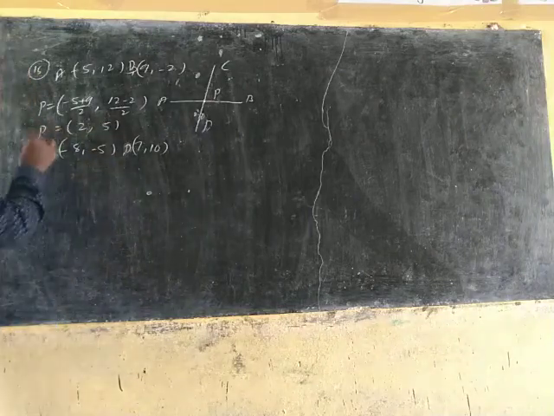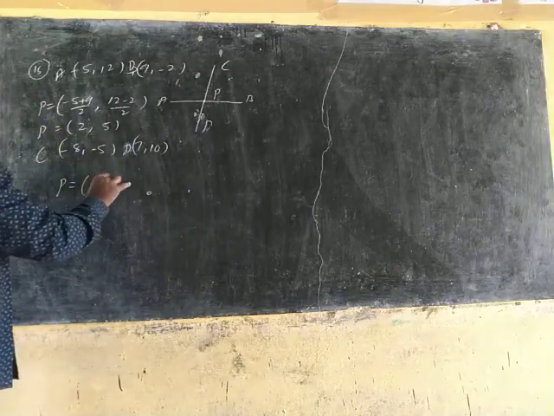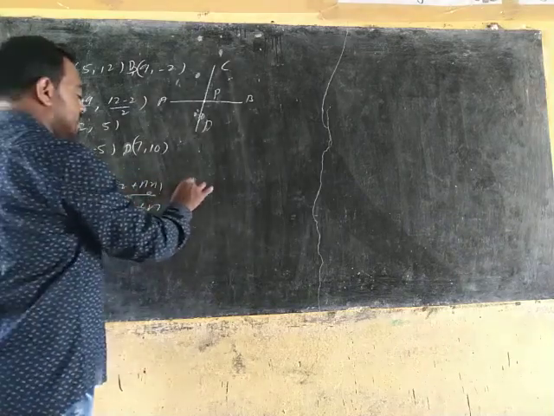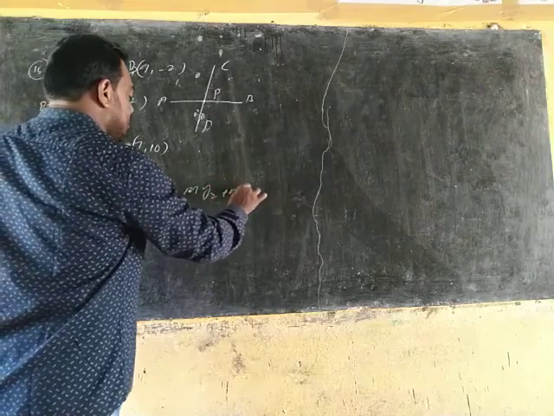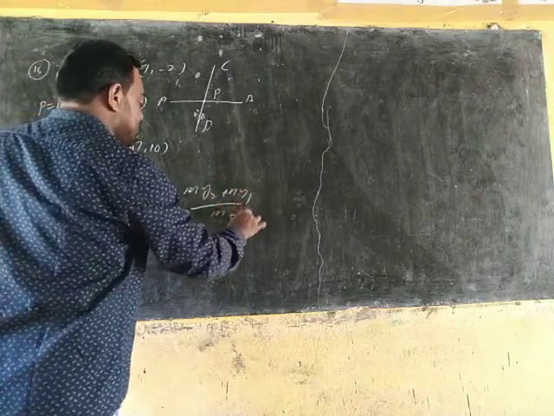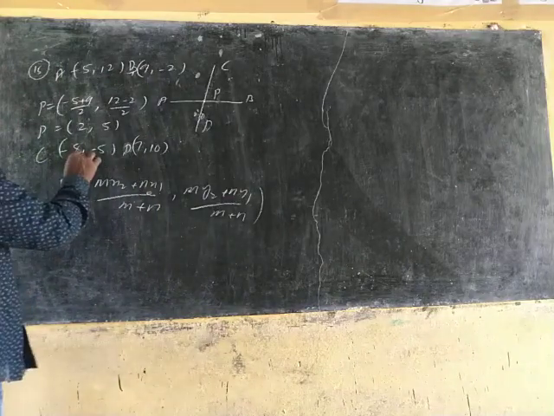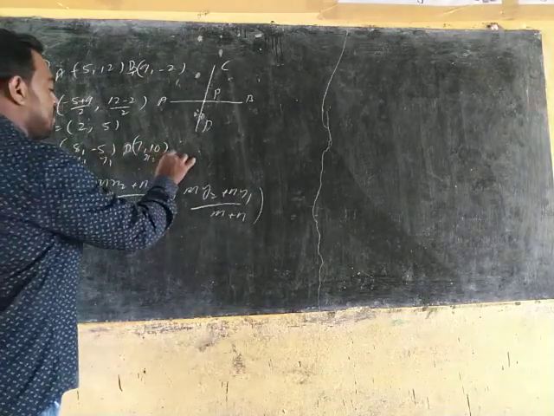Now P is equal to the formula (mx2 plus nx1) by (m plus n) comma (my2 plus ny1) by (m plus n). So m is to n ratio we need to find. This is x1, y1, this is x2, y2.